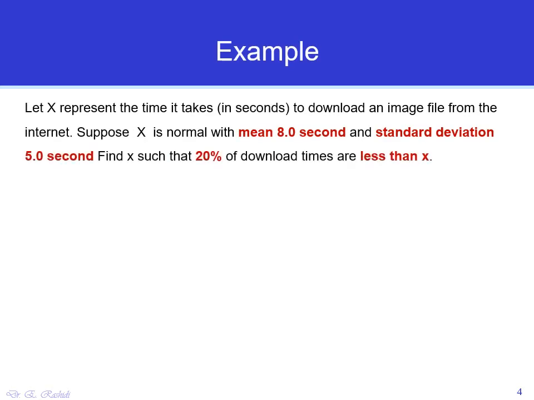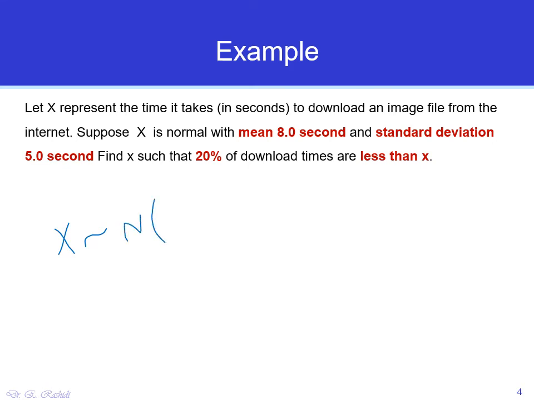Let's see an example. Let x be the time that it would take in seconds to download an image file from the internet. Suppose x is normally distributed with an average of 8 seconds and a standard deviation of 5 seconds. Find x such that 20% of download times are less than x. So this is an inverse problem, or type 2 problem.